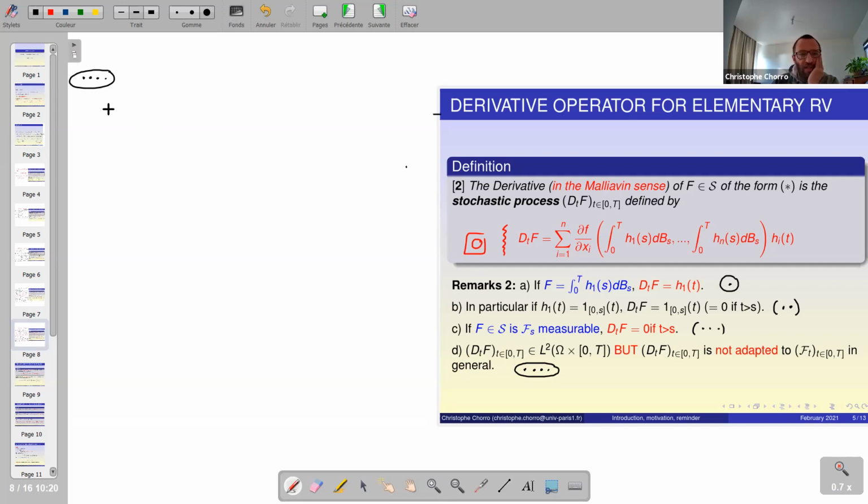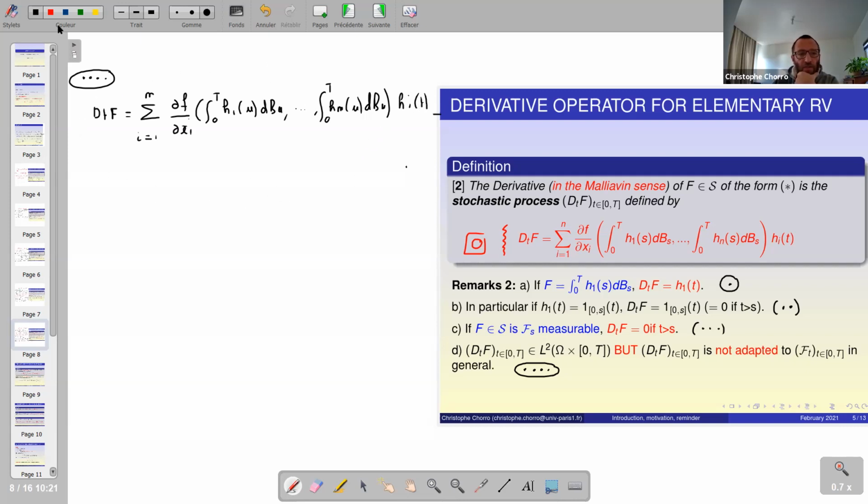So what is dt of f? dt of f, I copy the definition of my Gaussian vector, multiplied by hi of t.